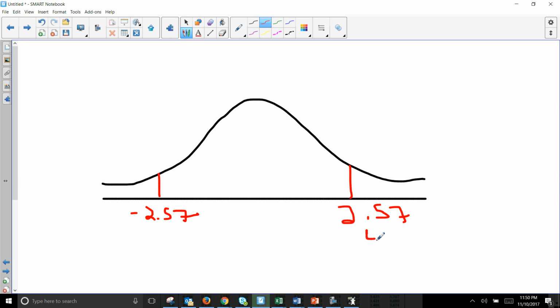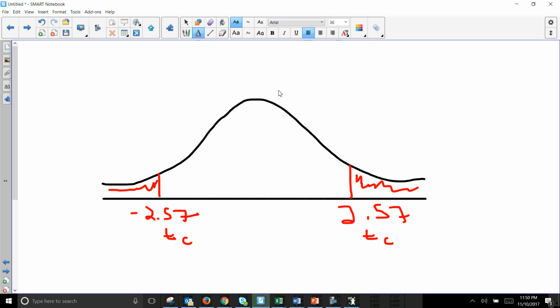Again, these are your t critical. So this here in the tails is our rejection regions.